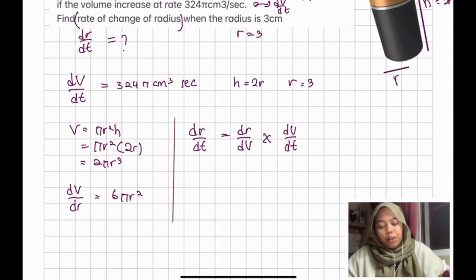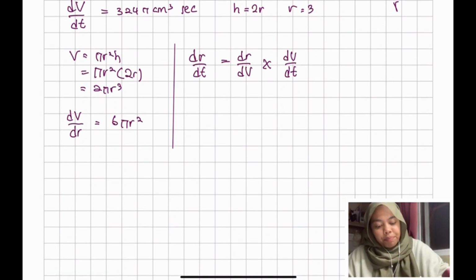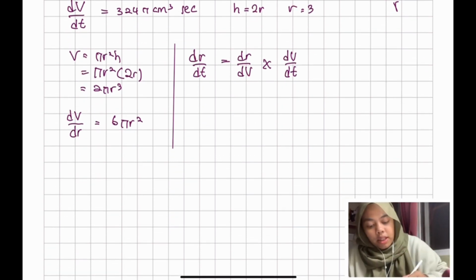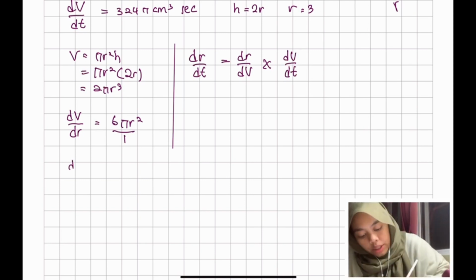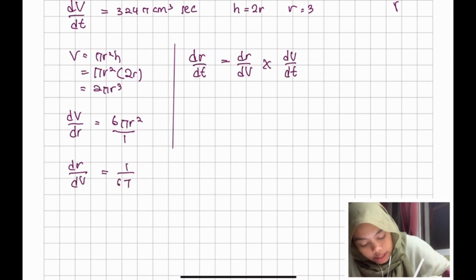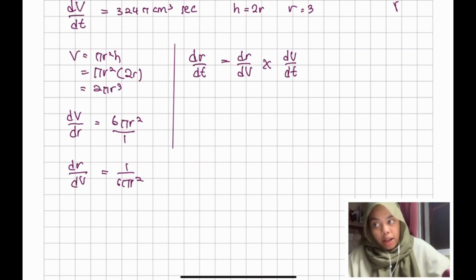Okay, notice here, you only have the value of dV over dt, but you don't have the value of dr over dV. You only have the value of dV over dr, but it's the same as the previous one. 6 pi r squared is actually over 1. So, dV over dr is equal to 6 pi r squared over 1. So, dr over dV is actually equal to 1 over 6 pi r squared.